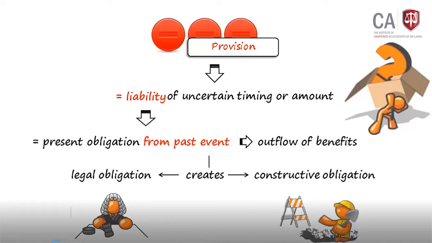You do this repair and replacement as a practice in your business. In history also you have done some repairs and you have replaced some of the items. Therefore, through that practice, what has been created? Constructive obligation. There is no legal obligation to settle that liability. But you have what? Constructive obligation. Why?